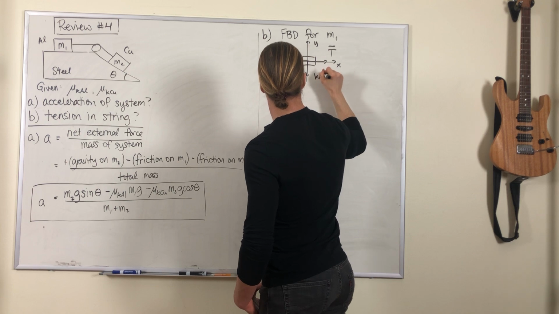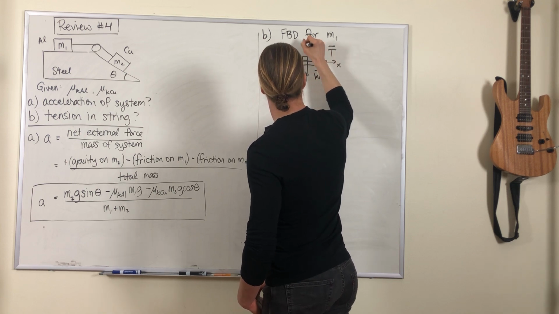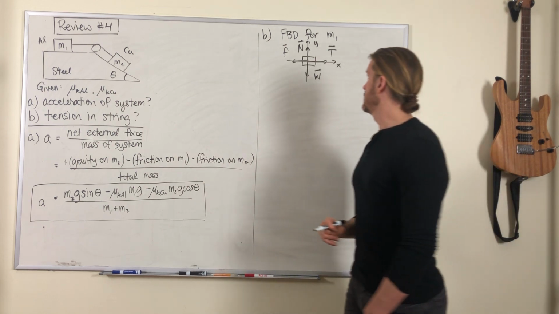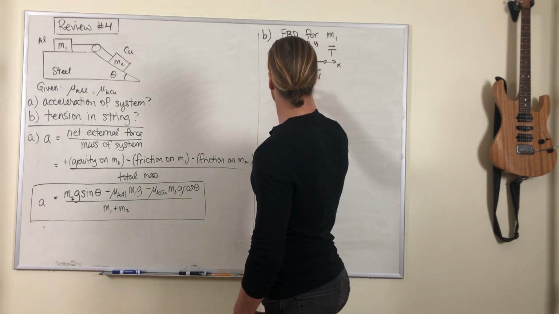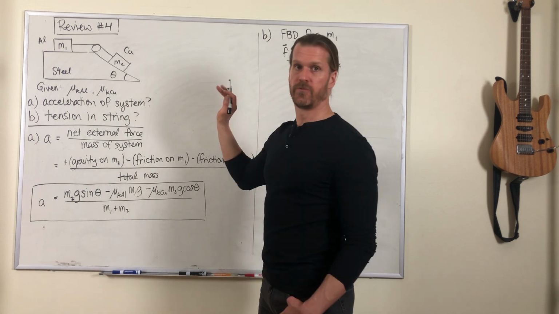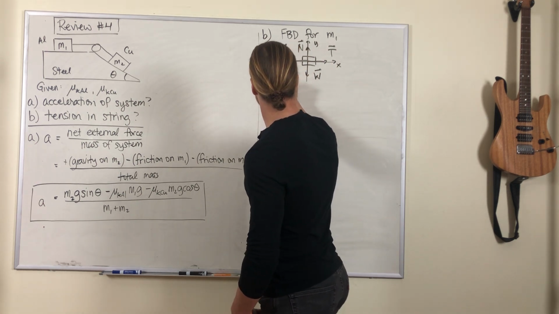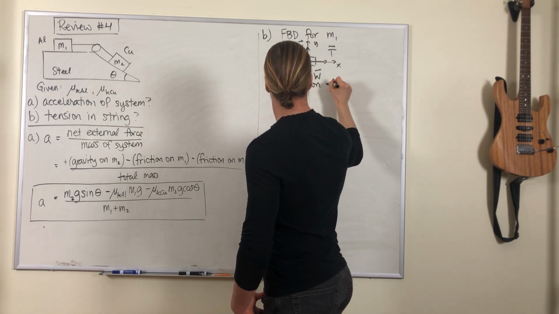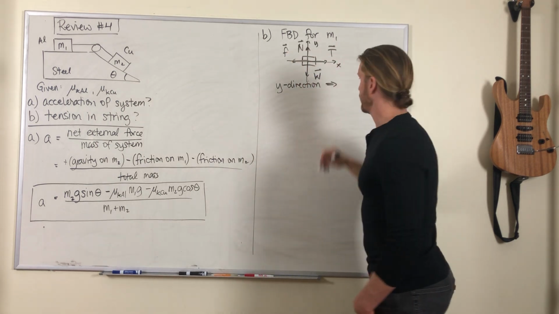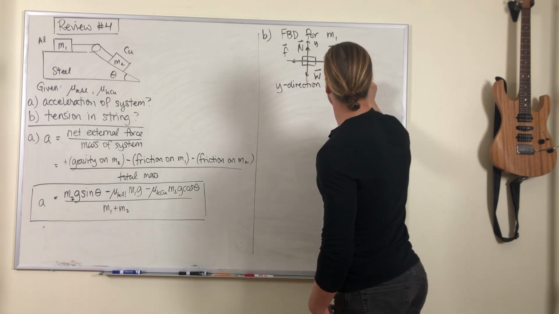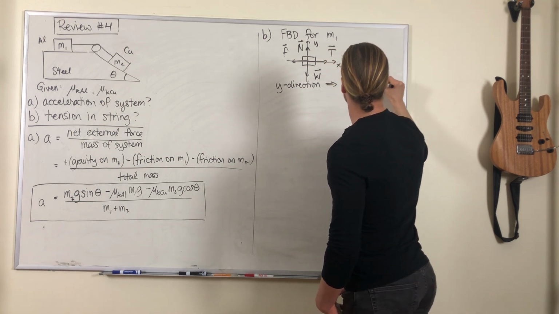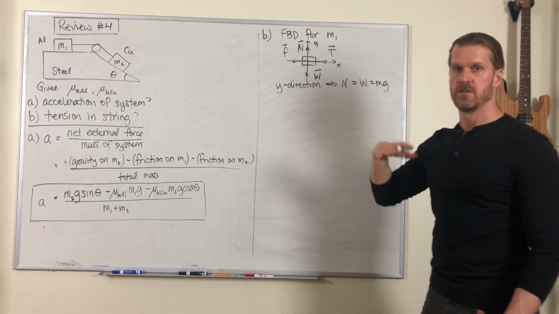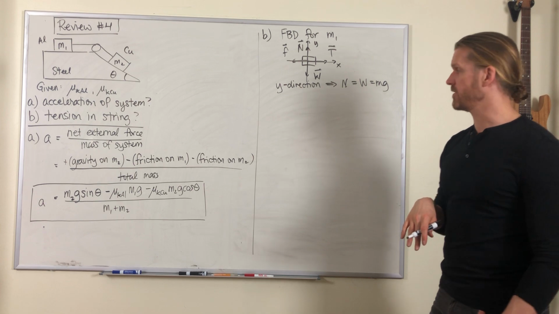It's experiencing gravity down and normal force up. When you do Newton's second law in the y direction, that analysis will tell you that the normal force equals the weight. We've done that many times. That's because this is horizontal, it's not on a slope.